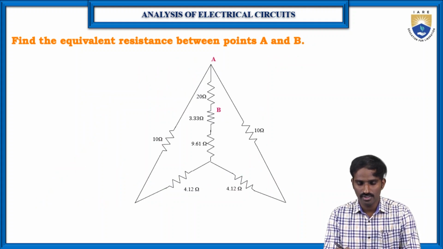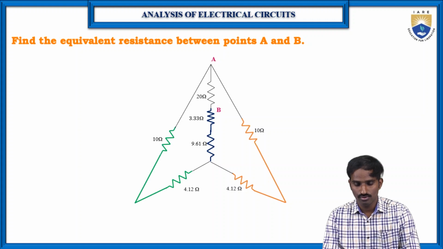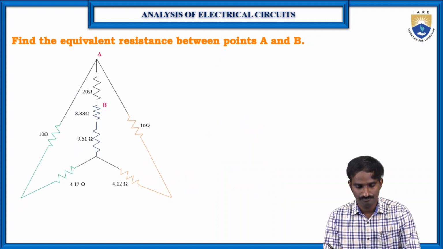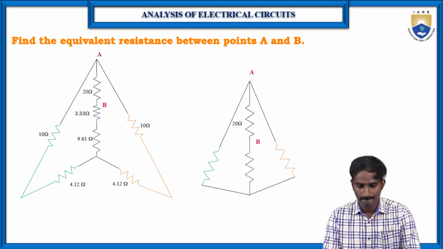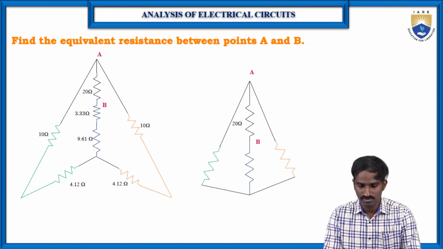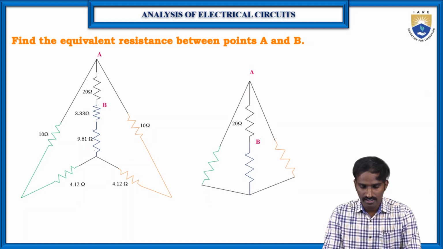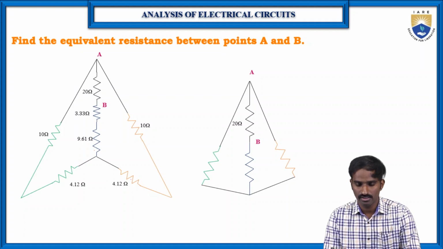Now you can see here, this B terminal we are not disturbing, but these two are in series, so you can replace them with the series connection. Again, these two are also in series and these two are also in series, right? So you can replace all these resistances.